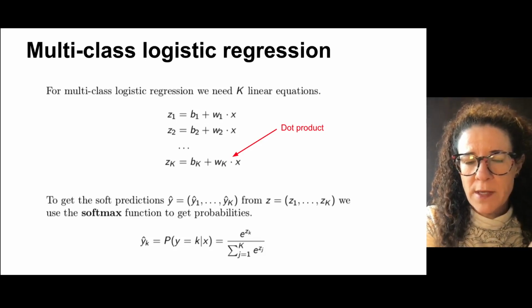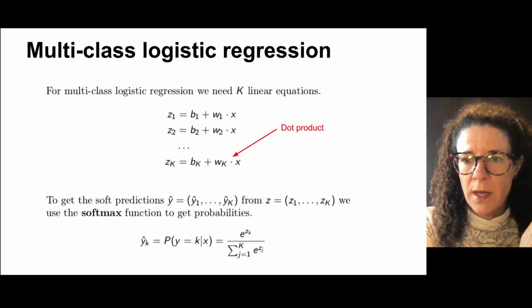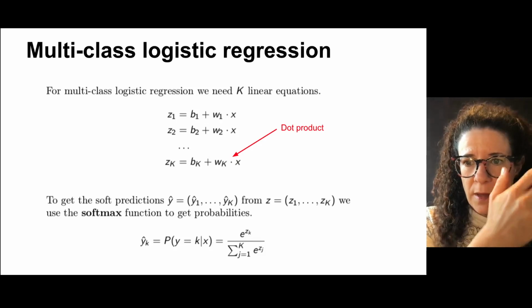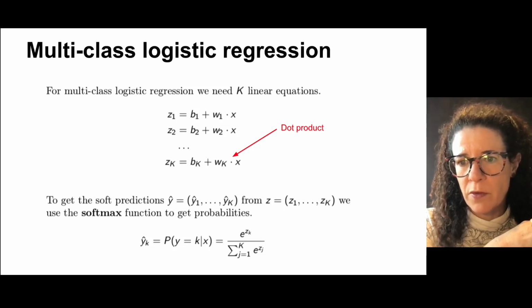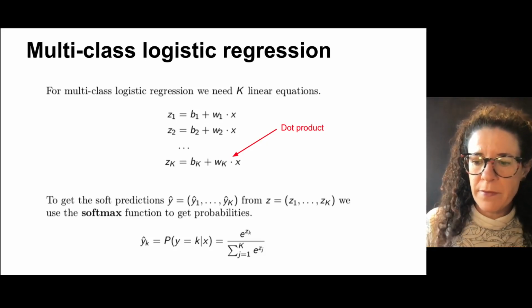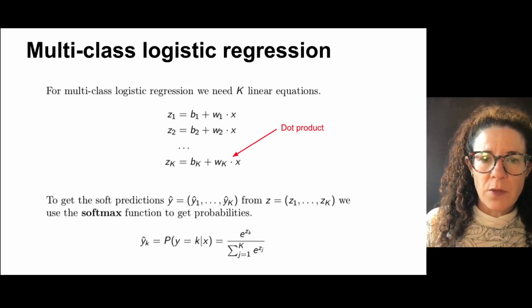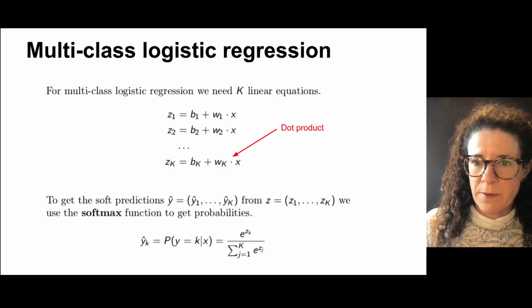Softmax takes each of these zk elements and exponentiates them, taking e to that power to get a positive number, and then to get a probability you divide by the sum of all of the exponentials. That's how we work with multi-class logistic regression.